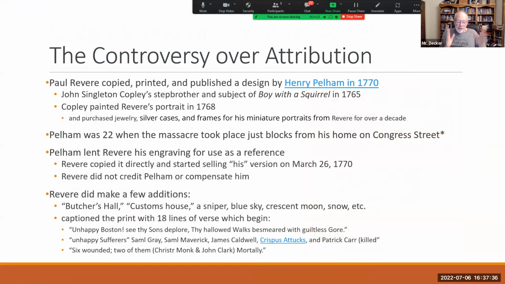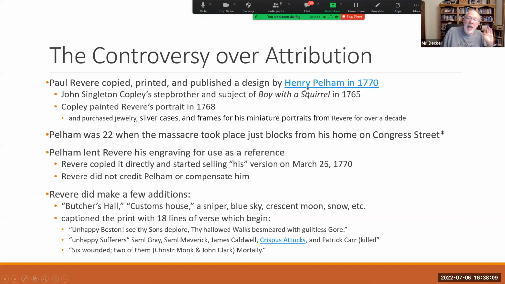Remember, Copley was self-taught; his stepfather, Henry Pelham's father, had an art studio, which Copley took over when his stepfather died. And remember, he was age 13. He took over and became a very famous portraitist. One of his first major paintings, which he sent to London, was Boy with a Squirrel. Boy with a Squirrel was his stepbrother, Henry, who was several years younger at the time.